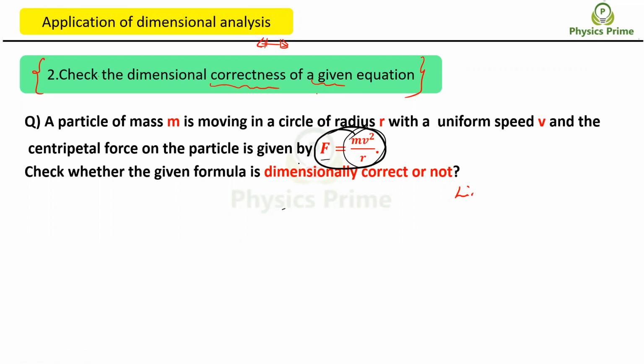There I did not give the formula, I just told it will be depending on mass, velocity, radius, without knowing how it is dependent. So I wrote randomly m power a, v power b, r power c. Then finally I got the answer as m power 1, v power 2, and r power minus 1, that is mv square by r. I got the formula by deriving, right?